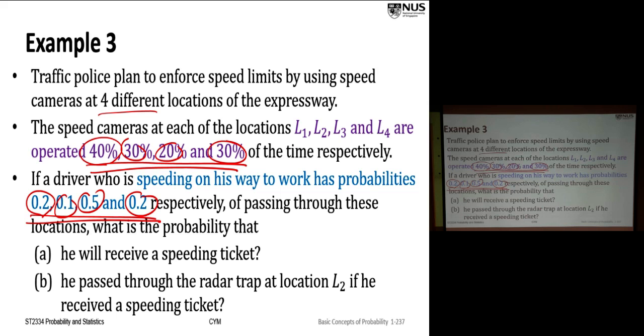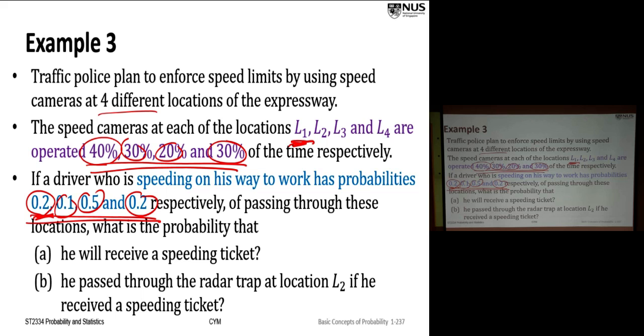There are different locations that have a speeding camera. I just choose one route, and there's only one speeding camera. So I may choose L1, and I will pass that with probability 0.2.